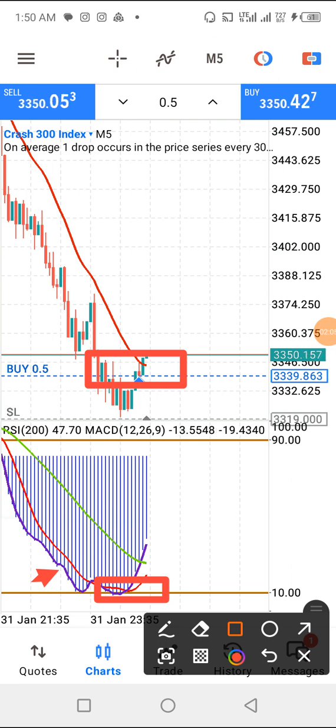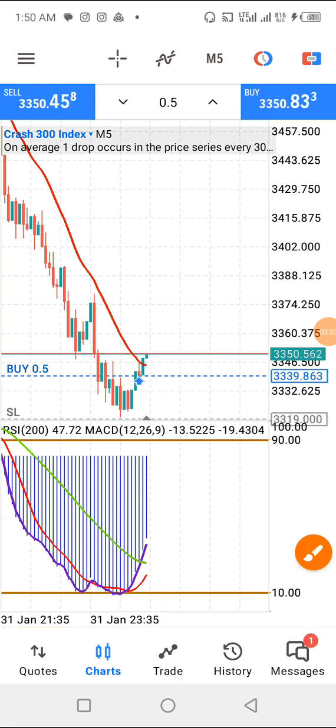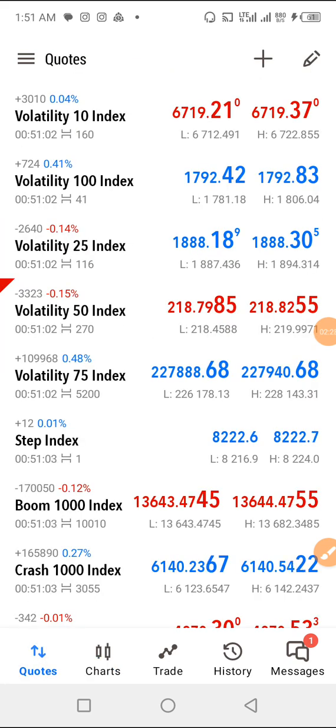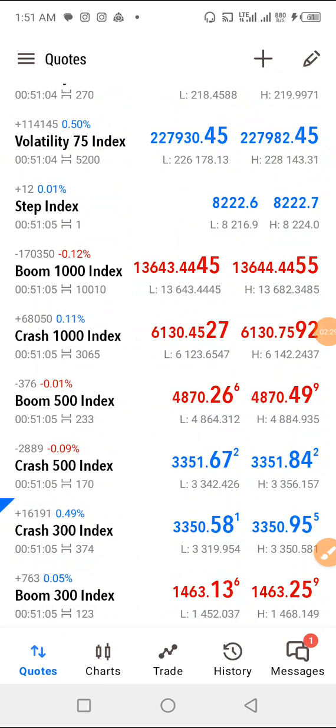The number 1 condition is you come to your quote, check for the volume of the pair you are trading on. Now when we click on that quote, you will notice that, let's go to Crash 300.